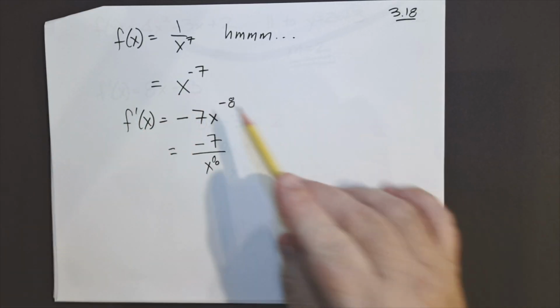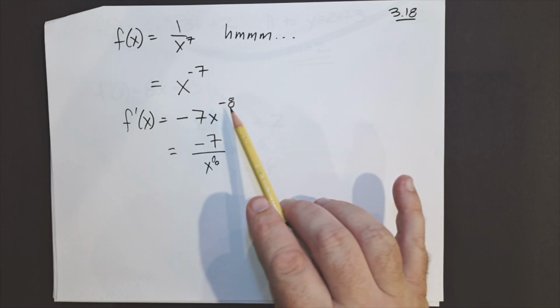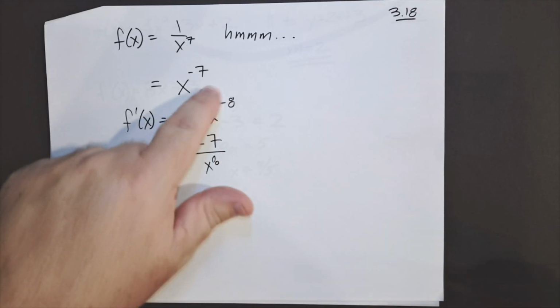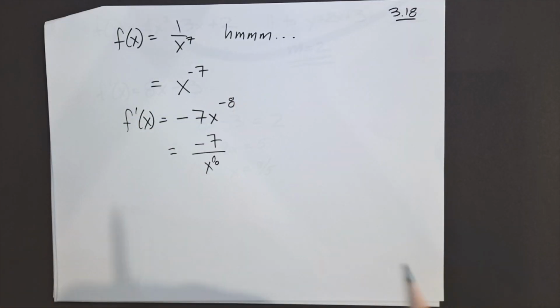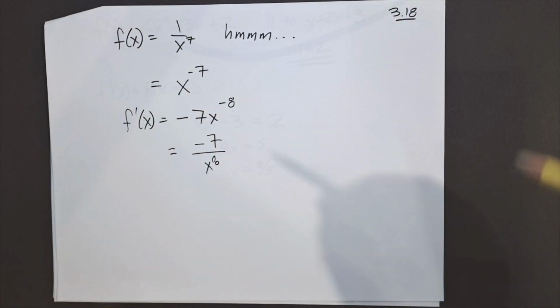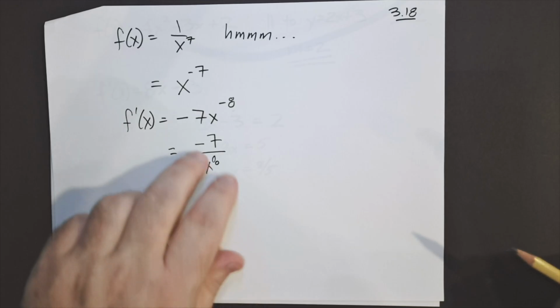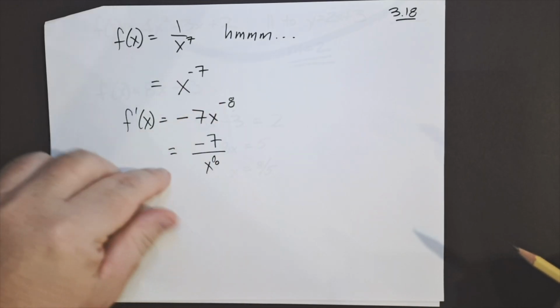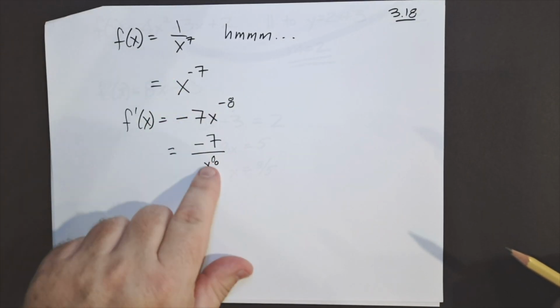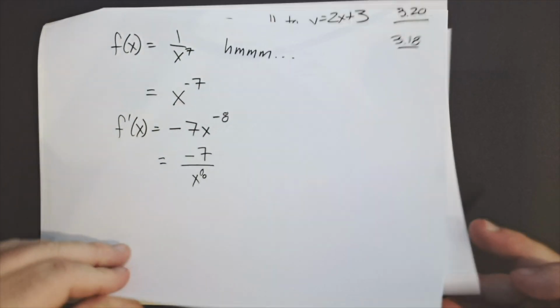So in this case, I'm going to bring that negative 7 down and say x to the negative 8. Now, a lot of times we're going to say x to the negative 6, because 7 minus 1 is 6. No, we're going negative, right? We're moving that direction. So that's a common mistake. If you needed to return this back to its form that looks like this, it would be negative 7 over x to the 8th.